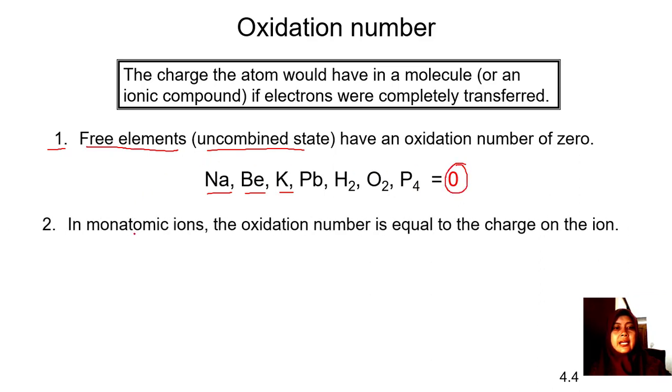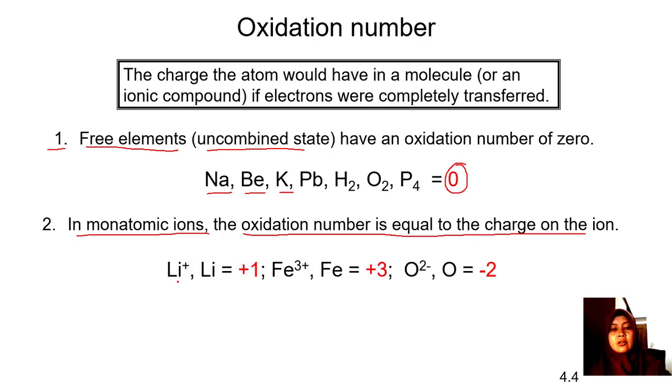Second, if you find a monoatomic ion, the oxidation number is equal to the charge on the ion. Here, Li+, or lithium plus, means that lithium has an oxidation number of +1. It's the same as the charge of the ion.